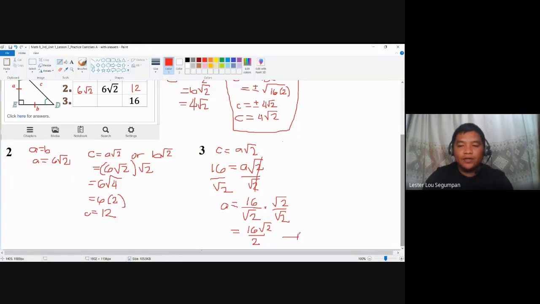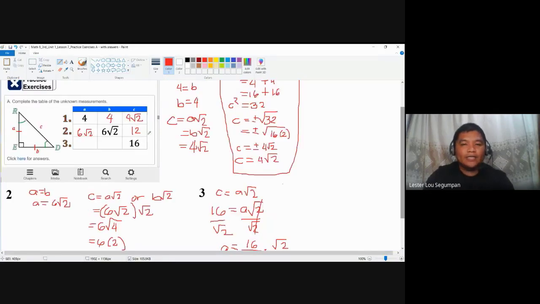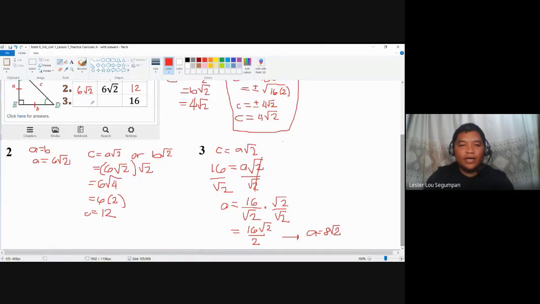Further, 16 divided by 2 is 8, so A is equal to 8 square root of 2. Again, since our C has no radical expression, our A will contain it. And since A is equal to B and A is 8 square root of 2, that is also the value for B. So B is 8 square root of 2.